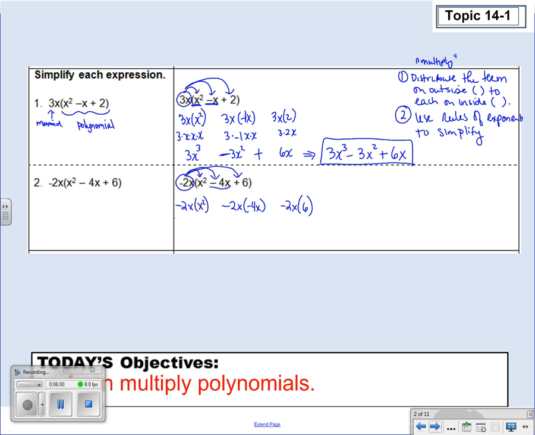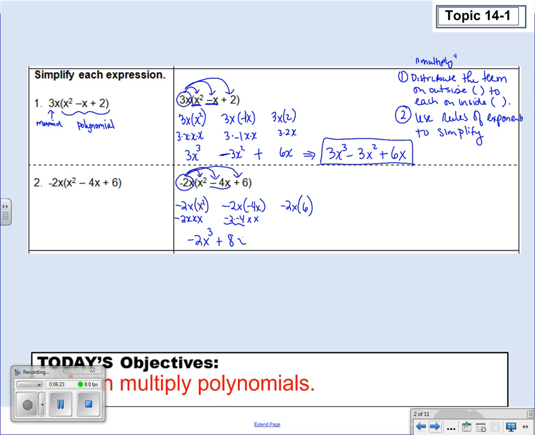Use what we know about multiplying. We have negative 2x times x times x. This will give us a negative 2x to the third. We have our second term. We have a negative 2 times a negative 4 and an x times x. So negative 2 times negative 4 is a positive 8. So we're going to put a plus.